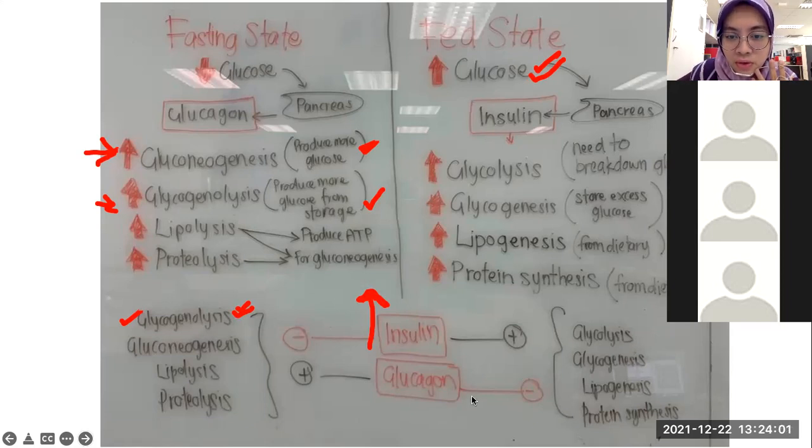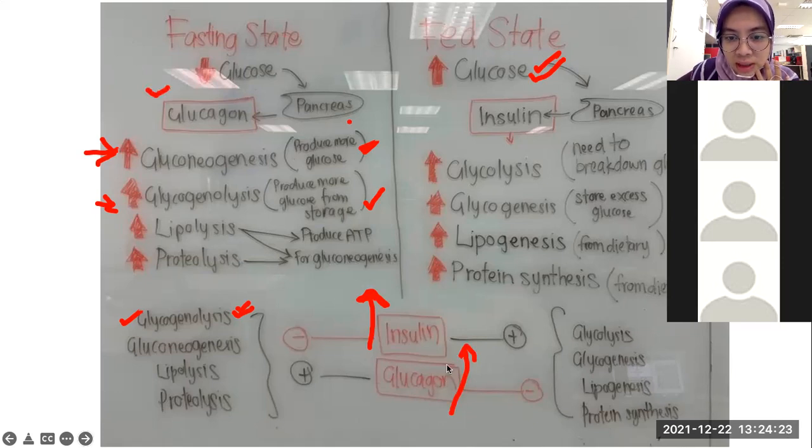Same goes for glucagon. If we have a high amount of glucagon, again, who will secrete this glucagon? The pancreas. So why does the pancreas decide to produce glucagon? When the pancreas detects that our blood has low glucose concentration.